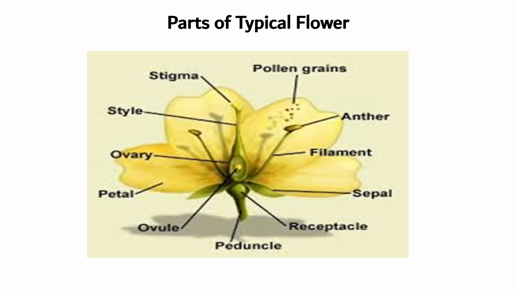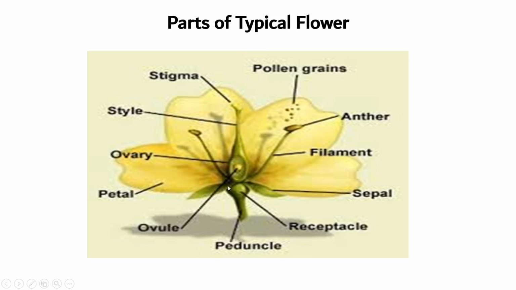Now in this diagram, this is one of the LS of a flower. Now see, this is the stalk. It is also called pedicel. Now this is the receptacle on which all floral whorls arise. Outermost whorl of the flower is the calyx.